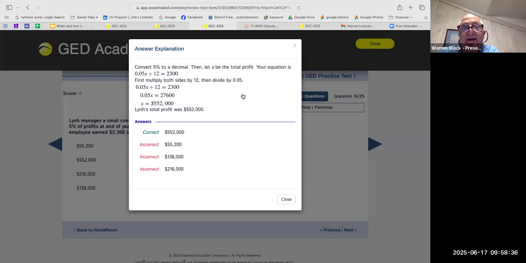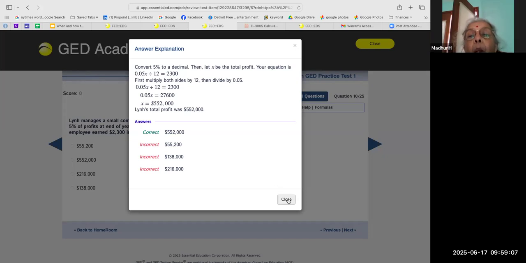They converted 5% to a decimal. 12 times 2300. Oh, I multiplied by 0.05. So we're supposed to divide by 0.05. So not a good calculator student. Did you get that? Yes. Done? Move on.